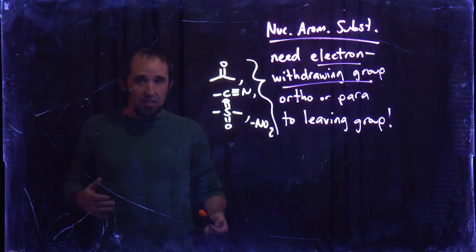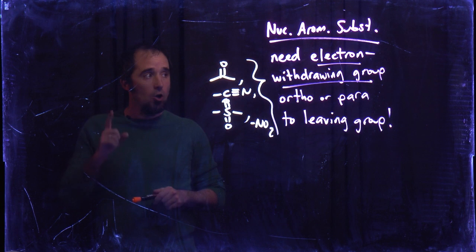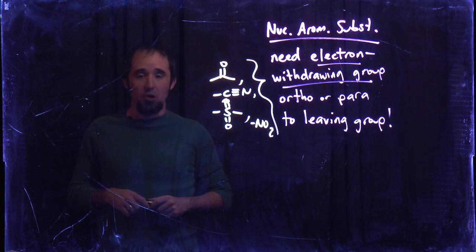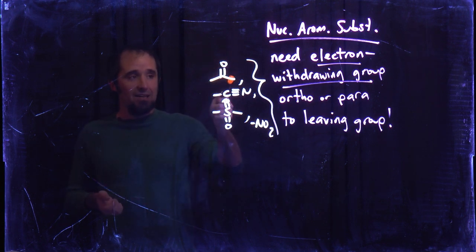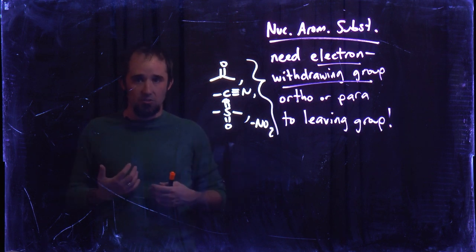I need 2 things to make a nucleophilic aromatic substitution reaction work. 1, I need an electron withdrawing group that's going to be ortho or para to my leaving group. By electron withdrawing group, I mean some polarized pi bond like a ketone or an ester, nitrile, sulfonyl, SO2 group, or a nitro group, something to hold those electrons.